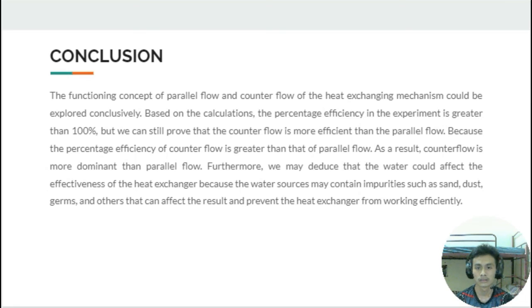As a result, counter flow is more dominant than parallel flow. Furthermore, we may deduce that the water could affect the effectiveness of the heat exchanger because the water sources may contain impurities such as sand, dust, and so on. This can impact the result and prevent the heat exchanger from working efficiently.